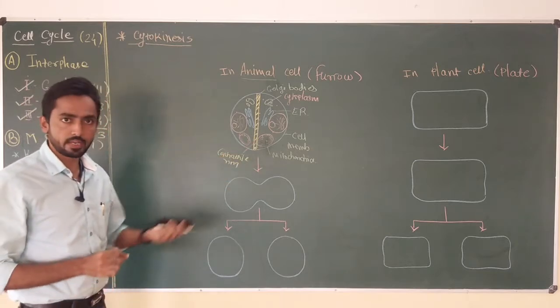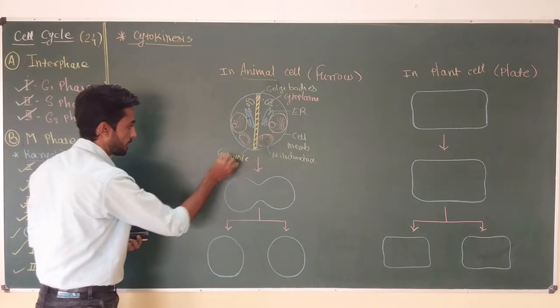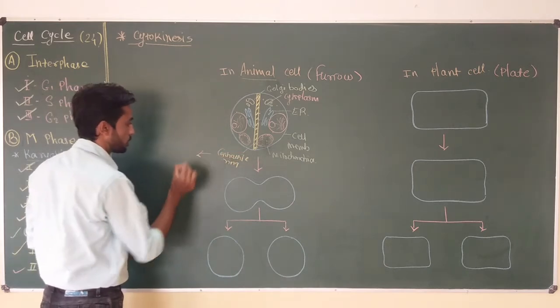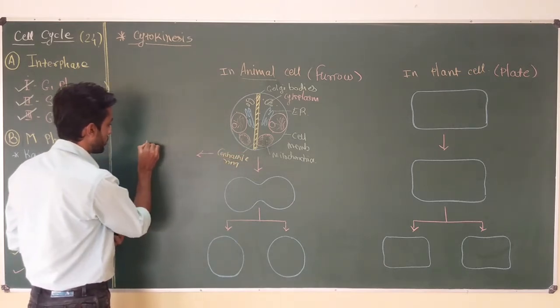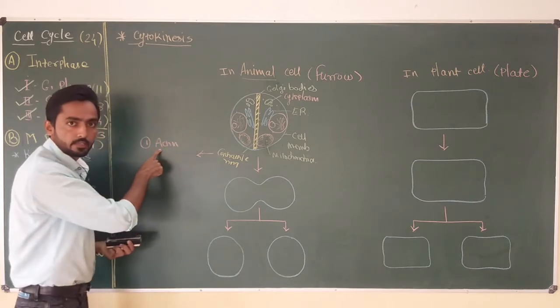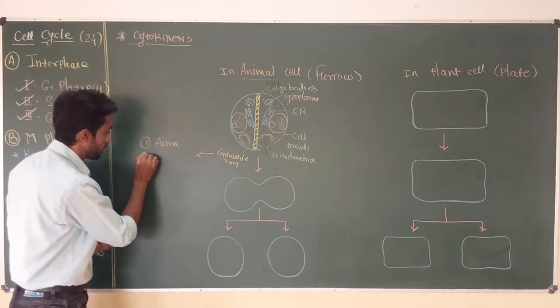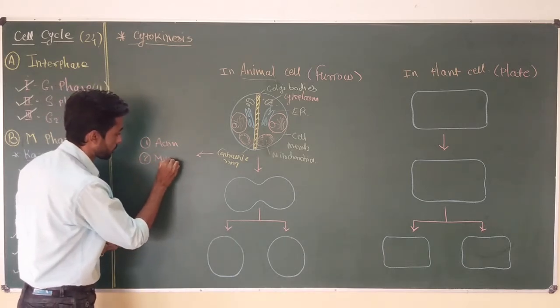This contractile ring is made up of two different types of protein. Number one, actin filament, which is a member of the cytoskeleton. And number two, myosin 2 protein.